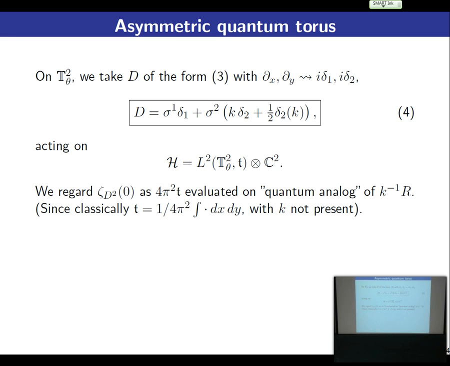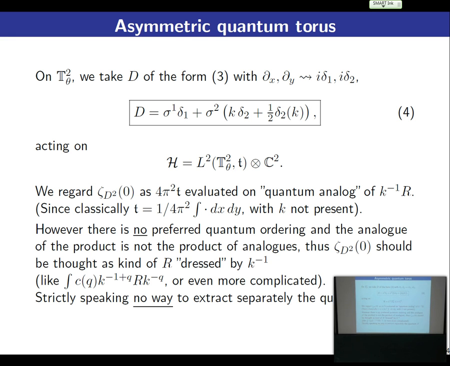So we now regard the zeta function of the square of this operator at 0, which is 1 over 4 pi squared times the usual double integral with these coordinates from 0 to 2 pi, evaluated on the quantum analog of what I would like to call k inverse R. Classically you can write it also as R k inverse or any other way, but not in the non-commutative way, when there is no preferred order of these terms. k doesn't commute with R in general.